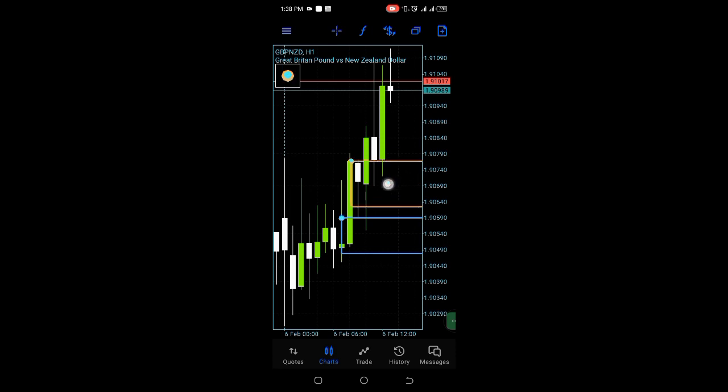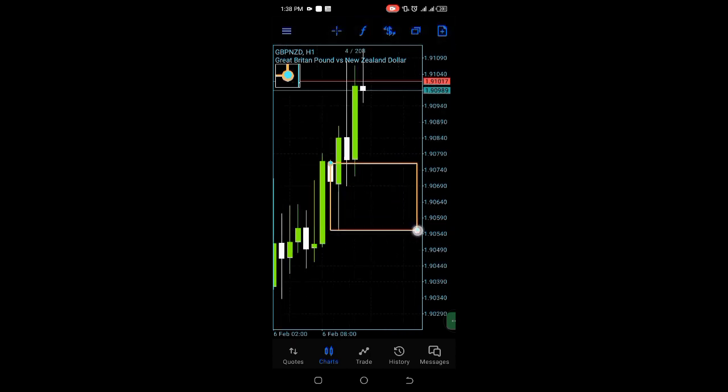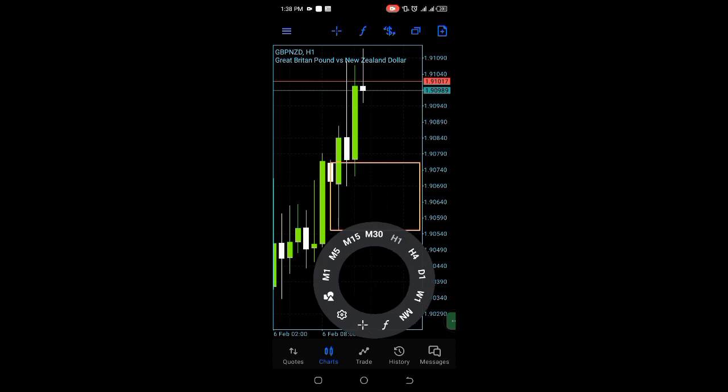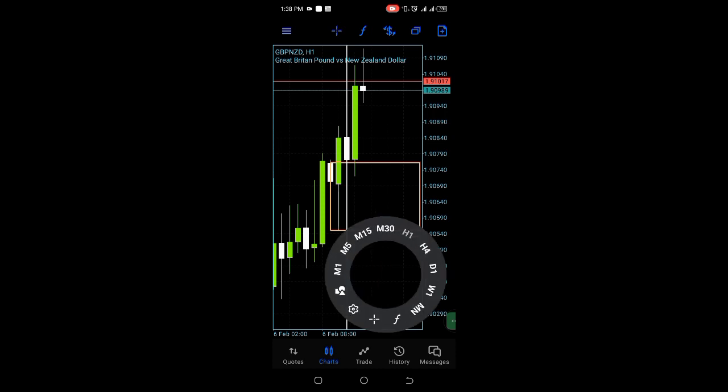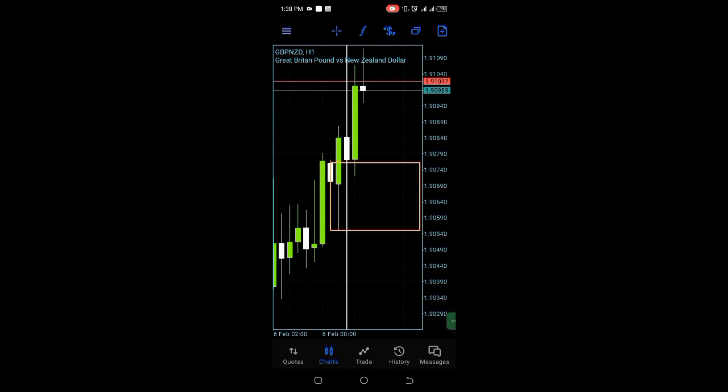So this is another zone here printed for us on the chart. Okay, I'm going to take this off. Okay, so I'll be placing my vertical line here.